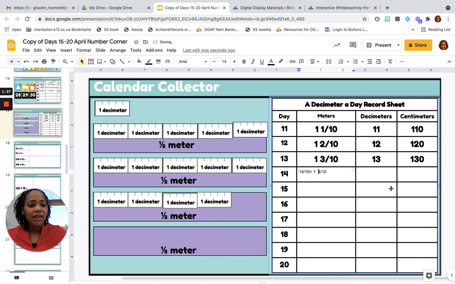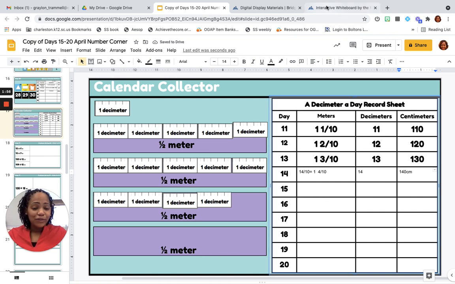And that means we know it's 14 decimeters, and in order to convert decimeters to centimeters, we have been multiplying by 10. So it would be 14 times 10, which would be 140 centimeters.